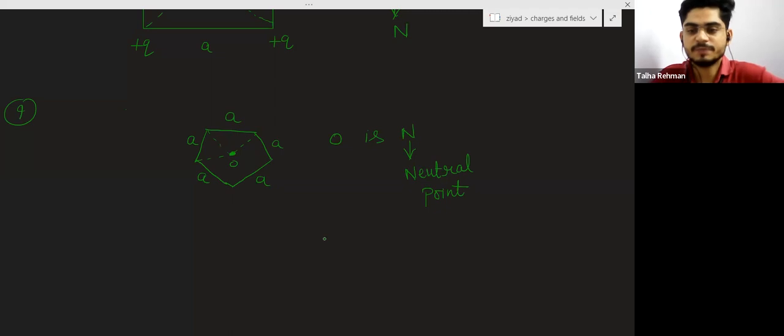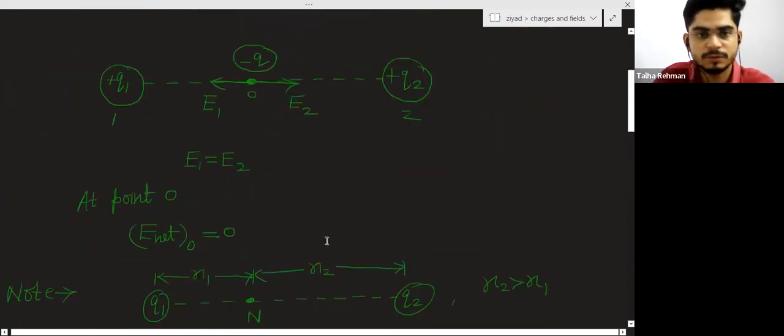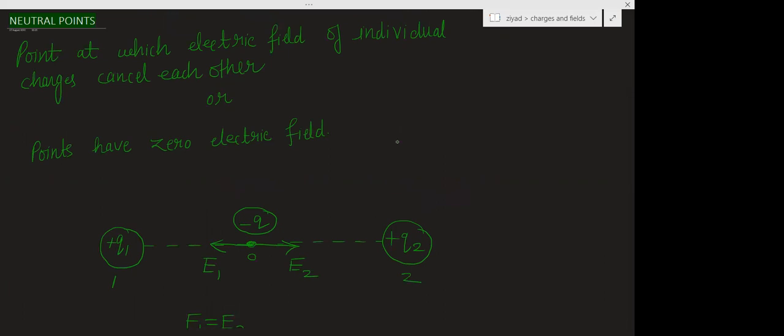No, neutral point means charges will be there, not at the neutral point, but the main thing is the electric field due to all the charges at that point is zero. Okay, yes. So we have discussed this here: a point at which the electric fields of individual charges cancel each other, or you can say a point having zero electric field.